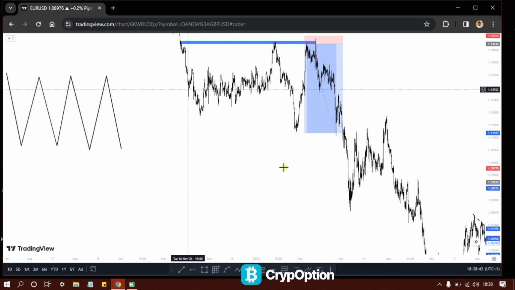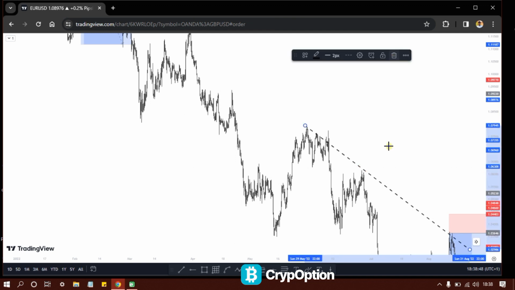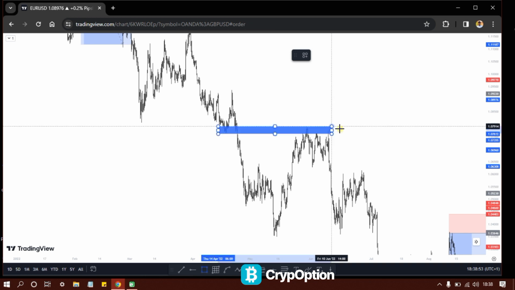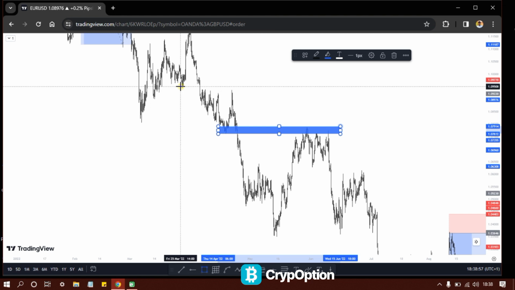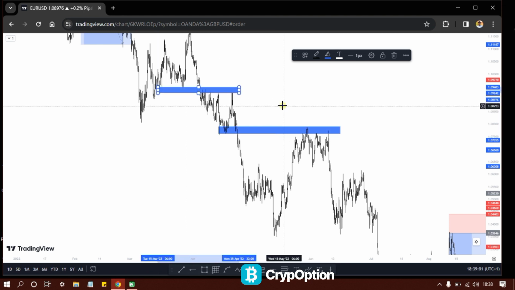This particular zone is also a horizontal resistance, this level. Also, this level is an example, because you can actually see that this place was a support before, price coming, bouncing up repeatedly before breaking through it and turning into a resistance.